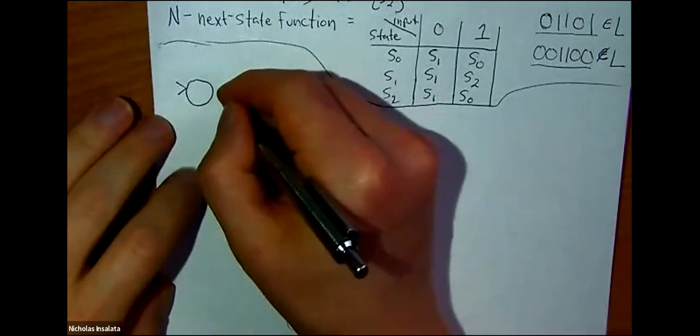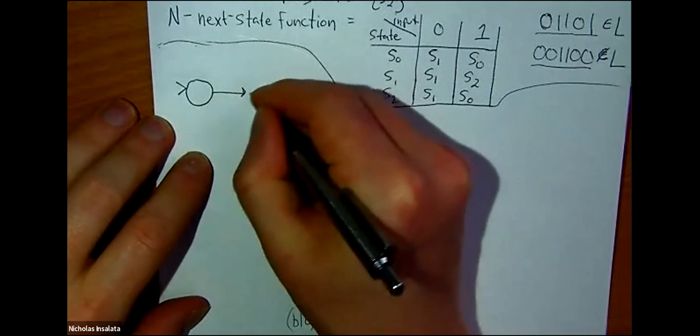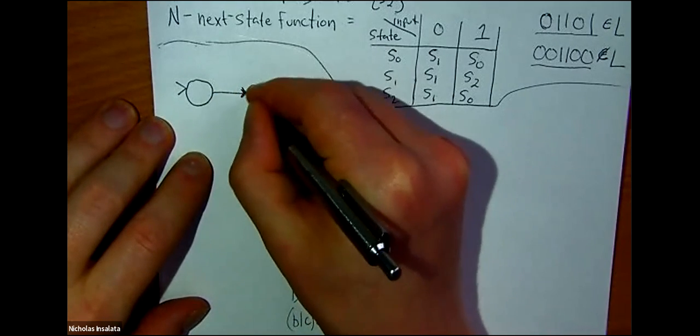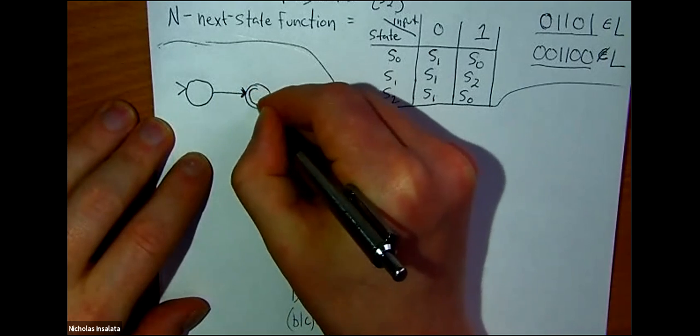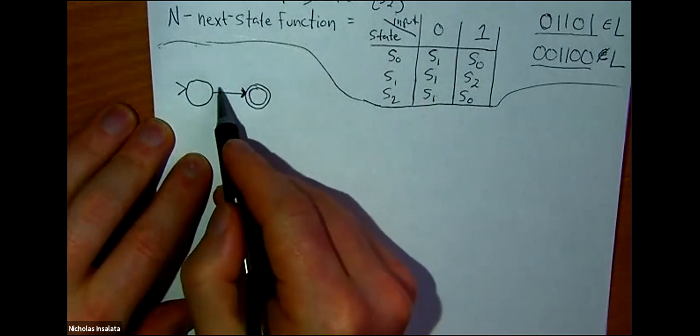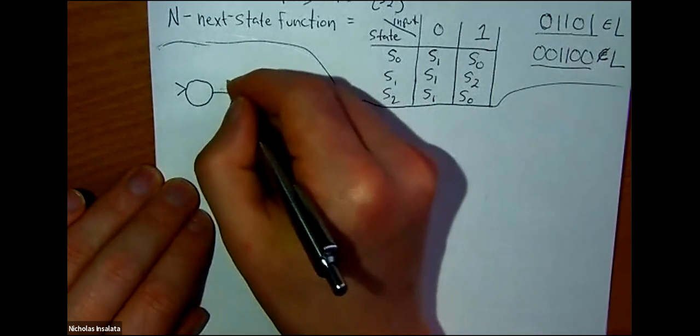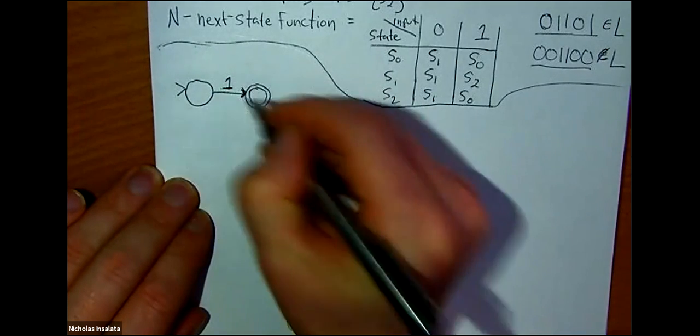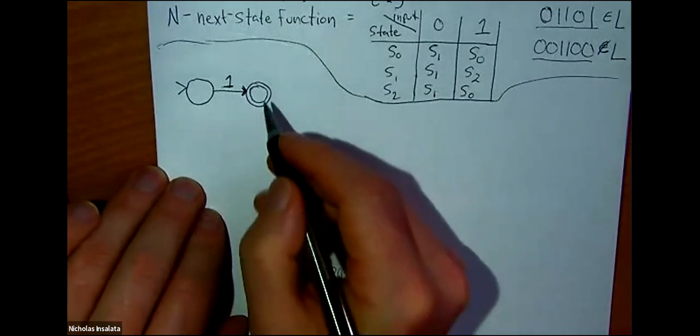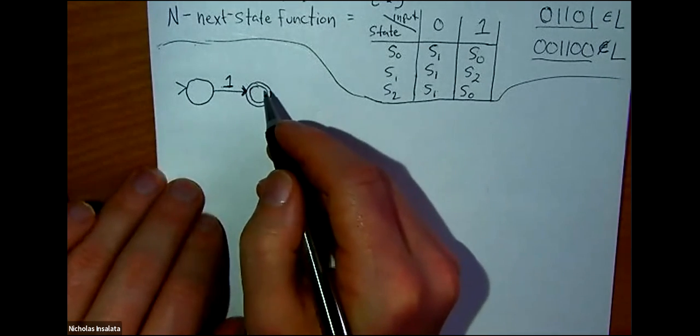So if I want to go over to an accepting state, like this, what's the label on my transition going to be? 1, right? Okay. And once I'm accepted, I have an odd number of ones.